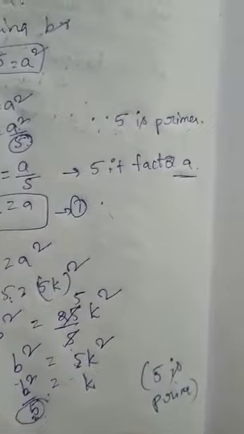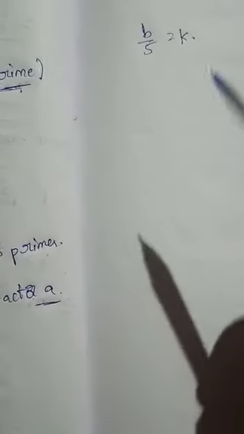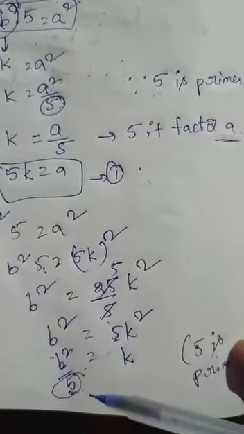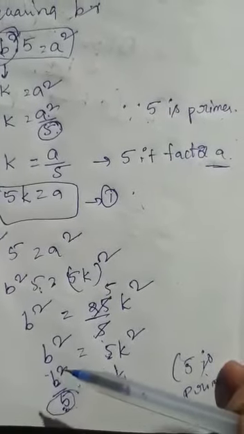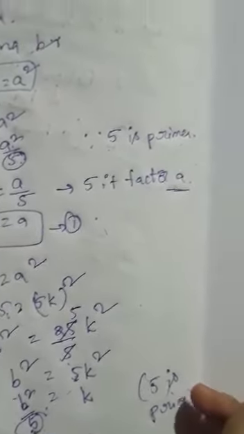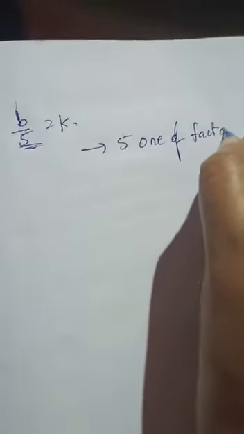In the same way, 5 is one of the factors of b square, so 5 is one of the factors of b also.